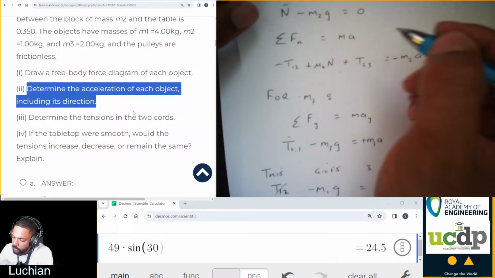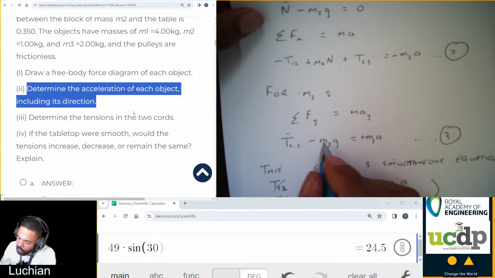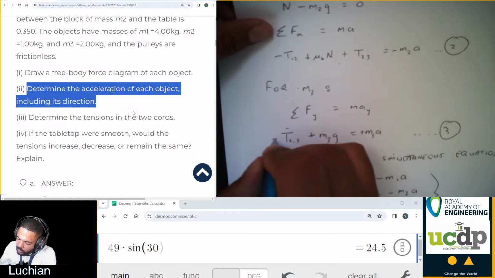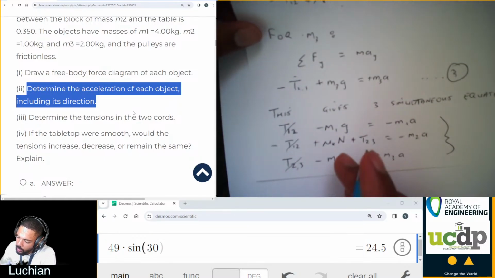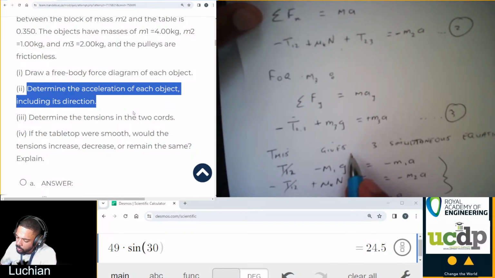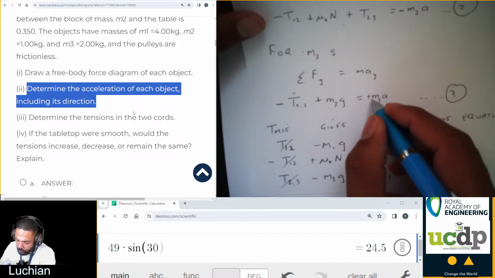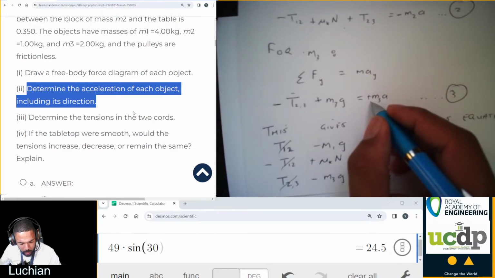So this tension here should be negative. Okay, I just made a quick mistake there. So we are choosing towards the right as positive, then towards the left as negative. Just make sure about this thing here.